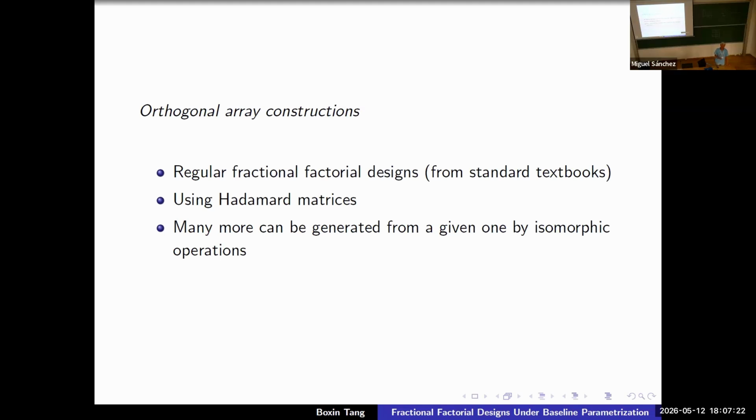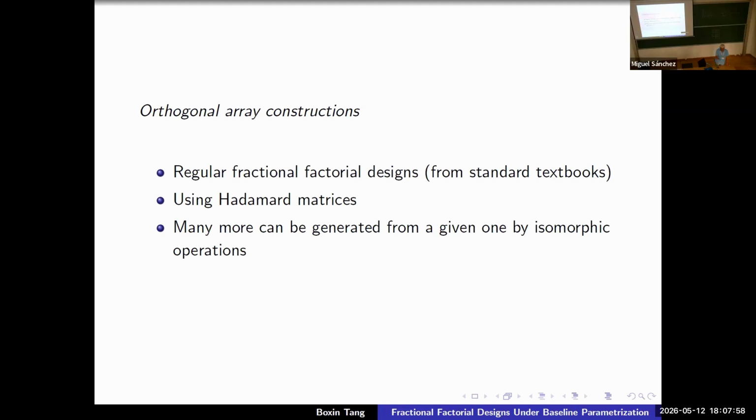However, if you use the so-called non-regular fractional designs, then you can have run sizes that are multiples of 4, which are much more flexible. And these can be obtained by using Hadamard matrices. Hadamard matrices exist. It's not quite sufficient, but necessary, but close to sufficient. Basically, I can tell you that an orthogonal array, for all practical purposes, can be constructed for every run size that is a multiple of 4.